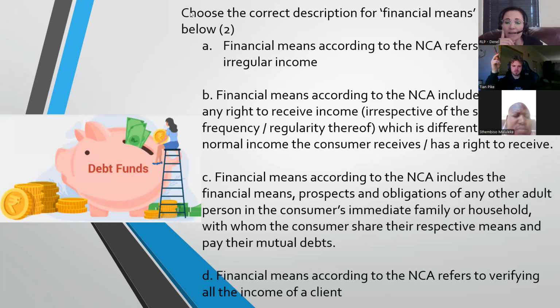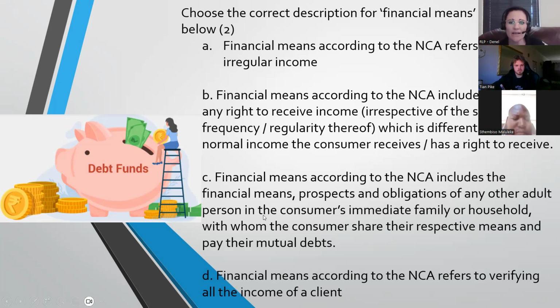Option B says financial means according to the National Credit Act includes income or any right to receive income, irrespective of the source, the frequency, or the regularity thereof, but which is different than the normal income that the consumer receives or has the right to receive.